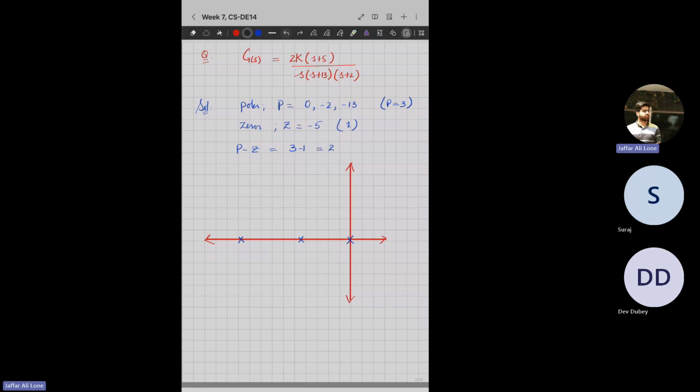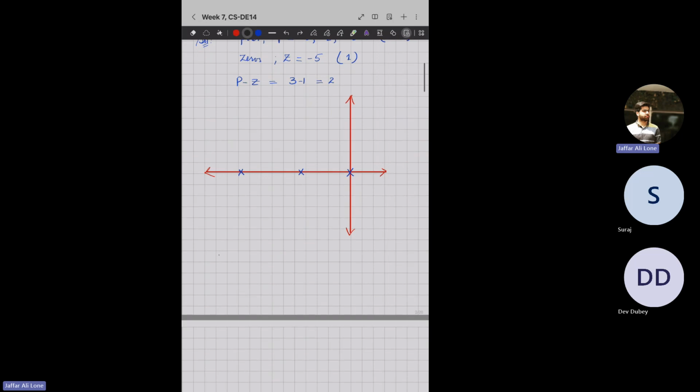Fine. Now let's see what is the number of asymptotes. We have 2 asymptotes because P minus Z is 2.